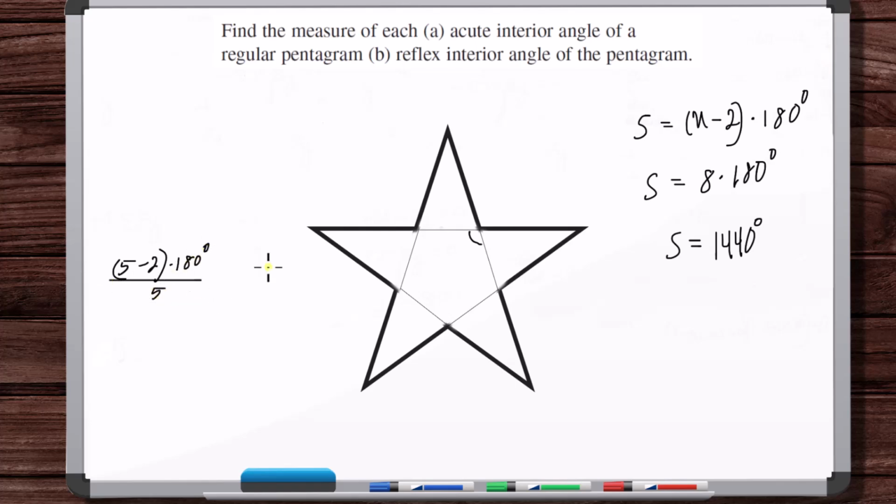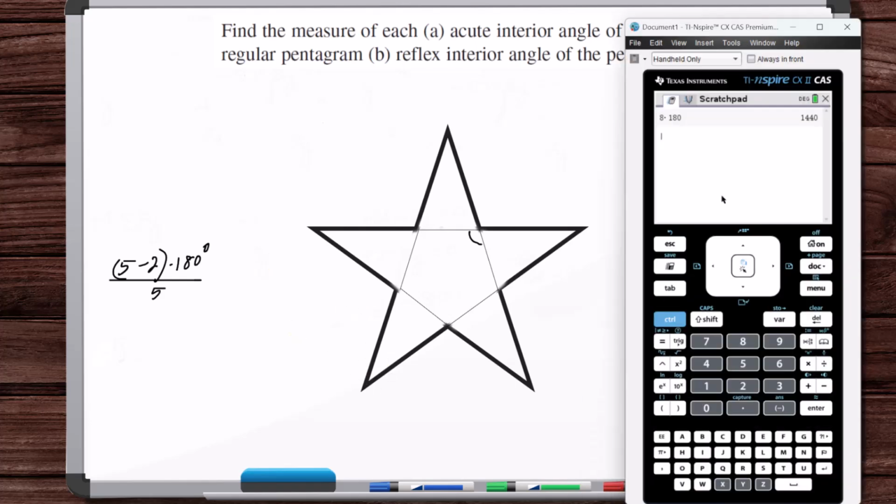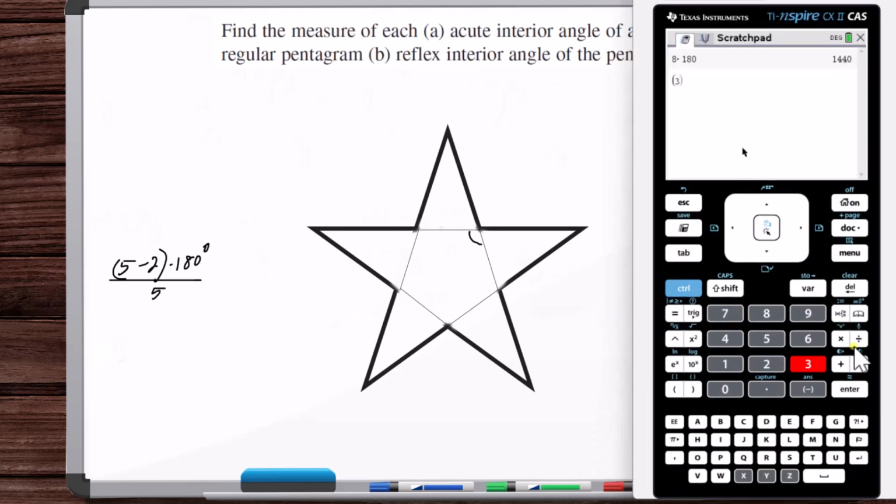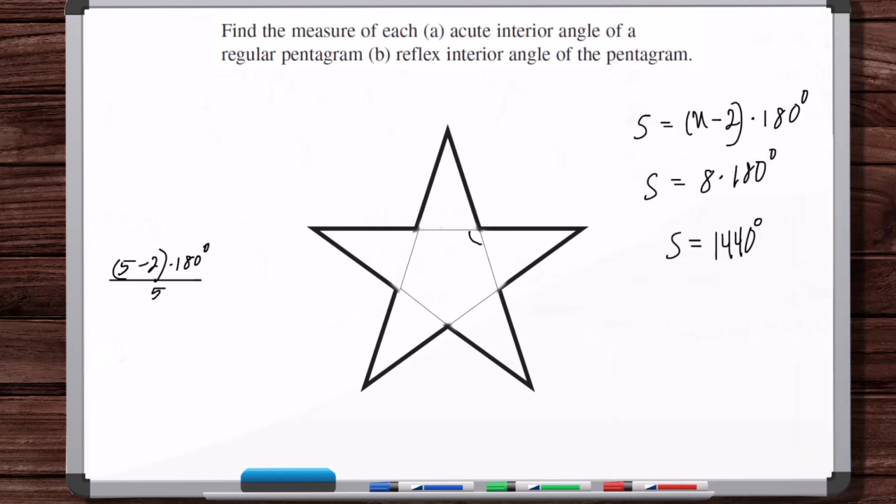The interior angles of a regular polygon. So 3/5 times 180 is 108 degrees. So that is I.